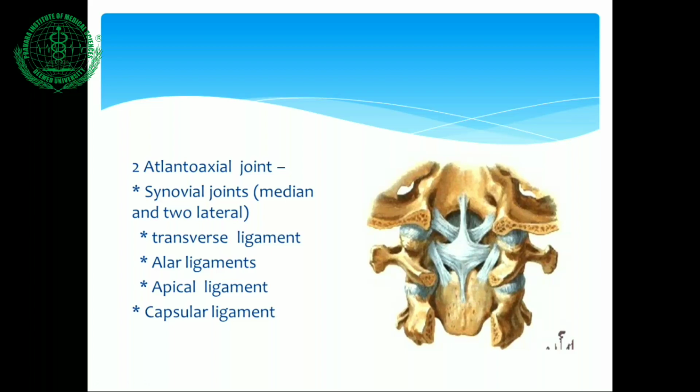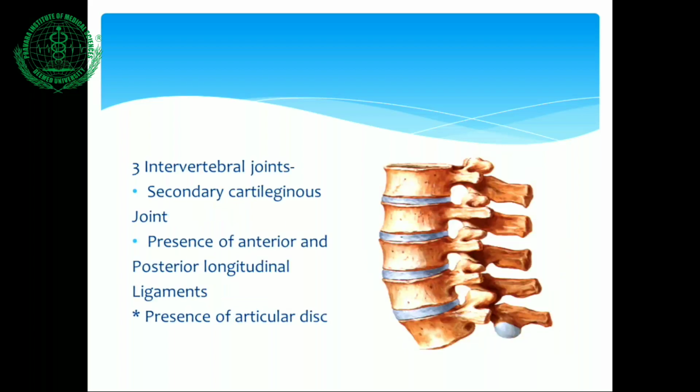These are the different ligaments which surround the atlanto-axial joints. The different movements which are occurring at atlanto-axial joint are mainly rotatory movement of head around the axis. Then next, intervertebral joints.